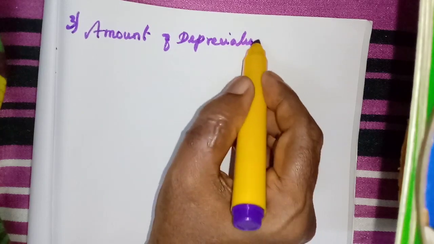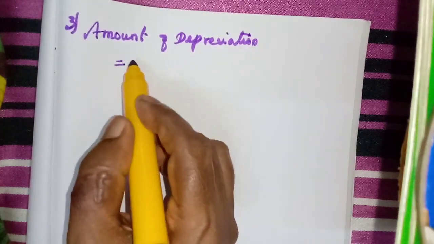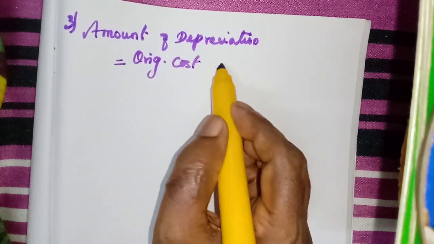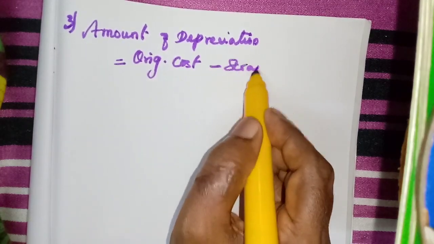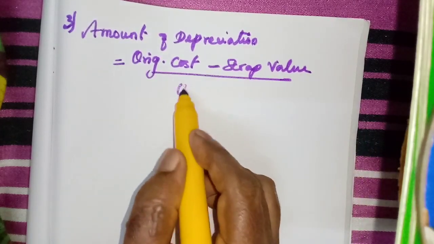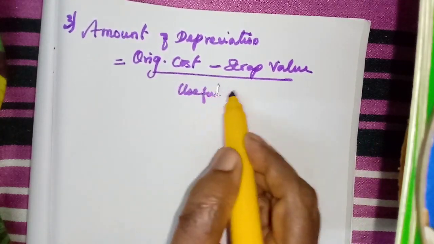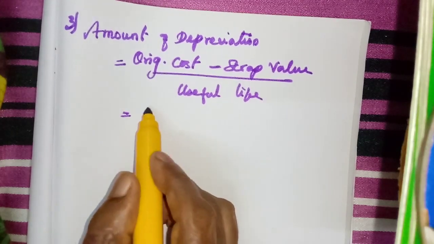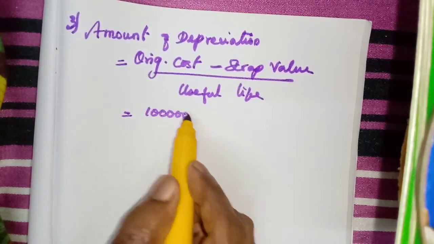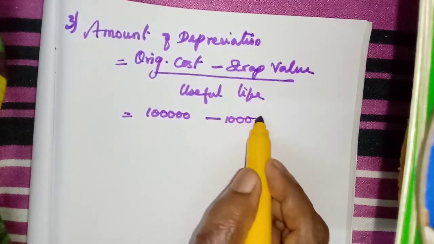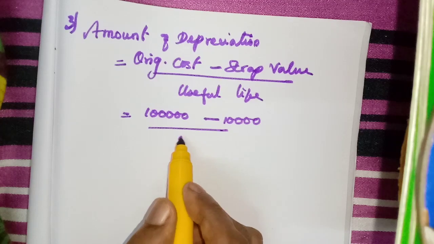Every time you have to write the formula clearly. Original cost minus scrap value divided by useful life. Original cost 1 lakh, scrap value 10,000, useful life 5.